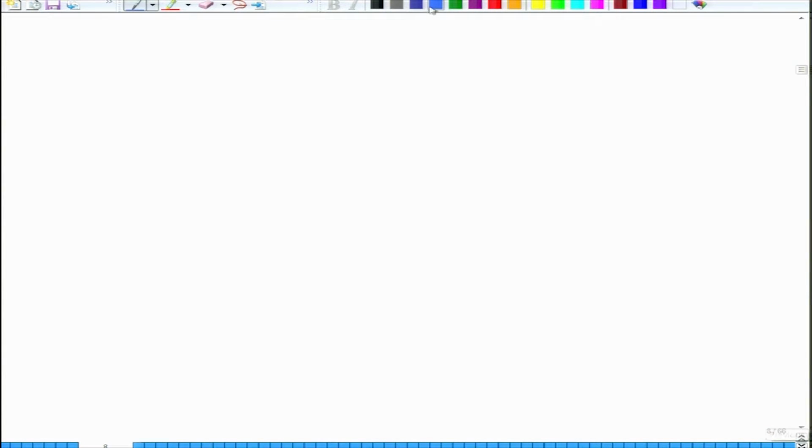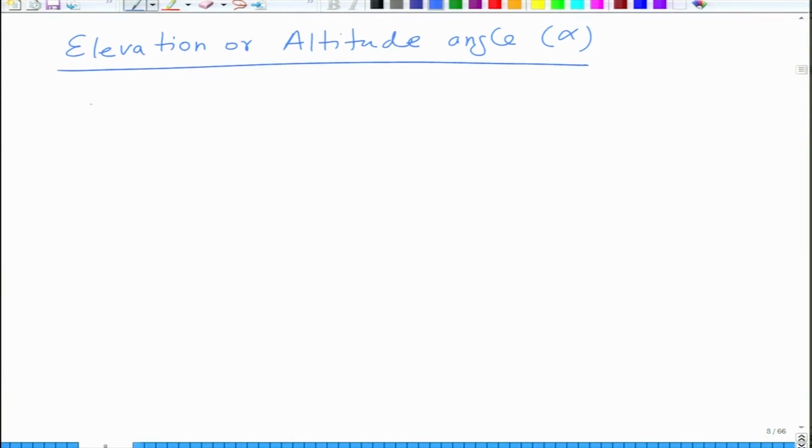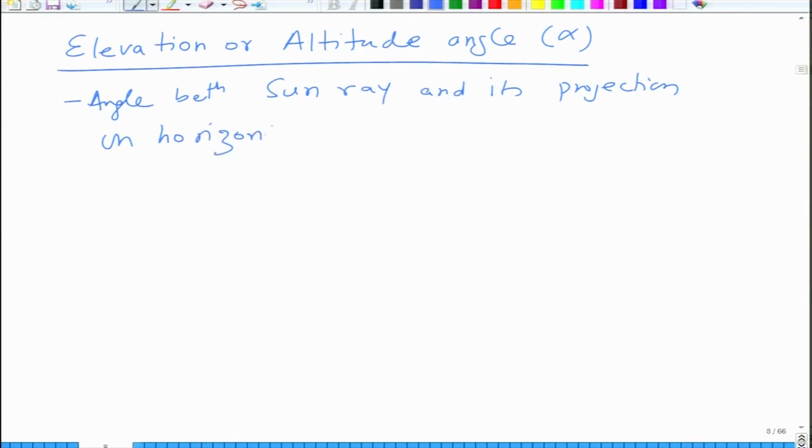The first angle that we define is called the elevation angle or altitude angle, which is called alpha. This angle is defined as the angle between the sun ray and its projection on the horizontal plane.